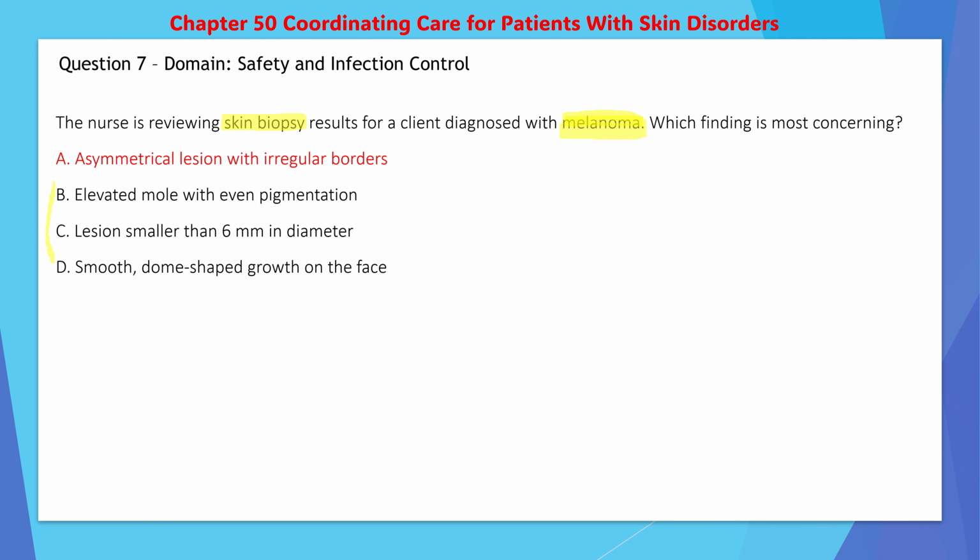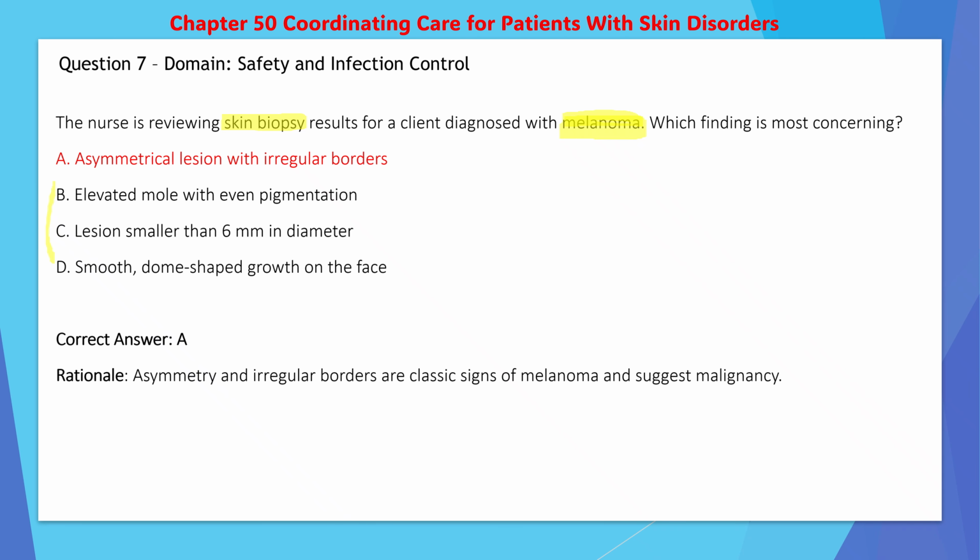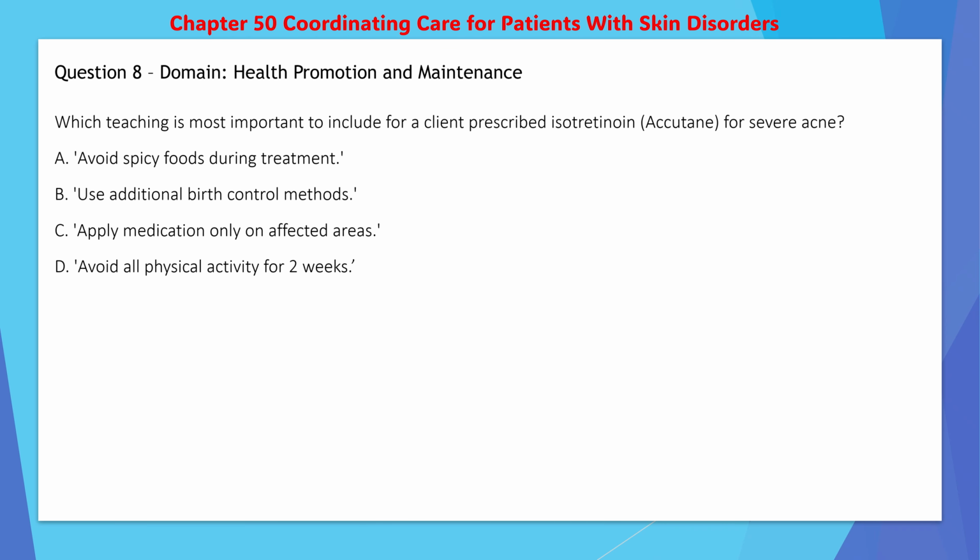The correct answer is asymmetrical lesions with irregular borders. Domain, health promotion and maintenance.